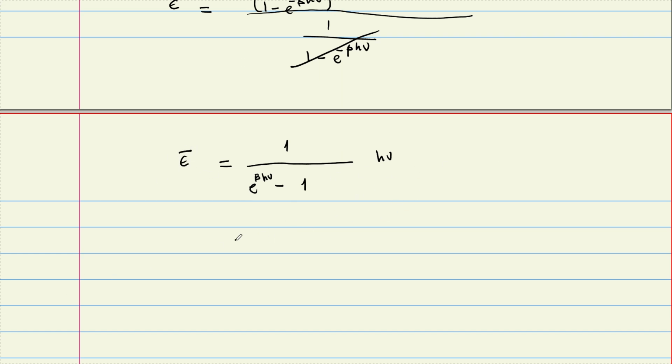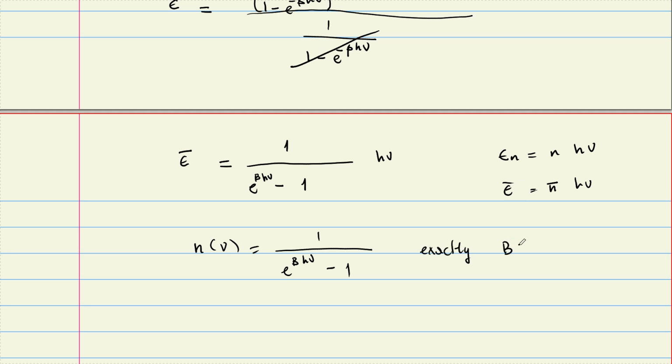And it turns out, if you remember, En was equal to n times h nu, and E bar is average n times h nu, and the average n of nu is 1 over e to the beta h nu minus 1, which is exactly the Bose-Einstein distribution with e to the alpha being 1.